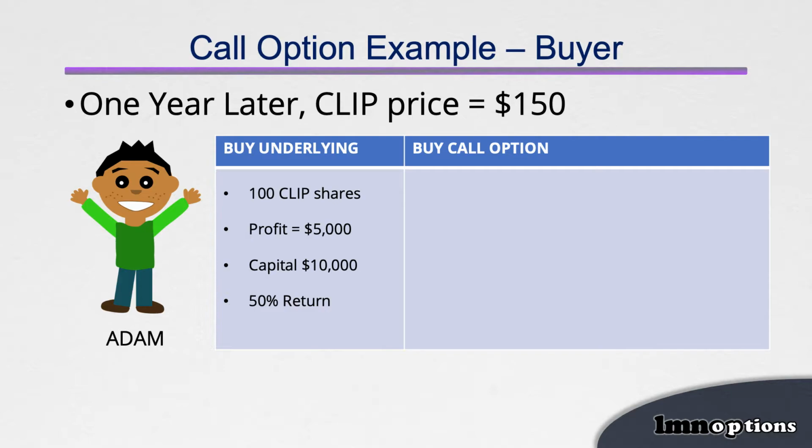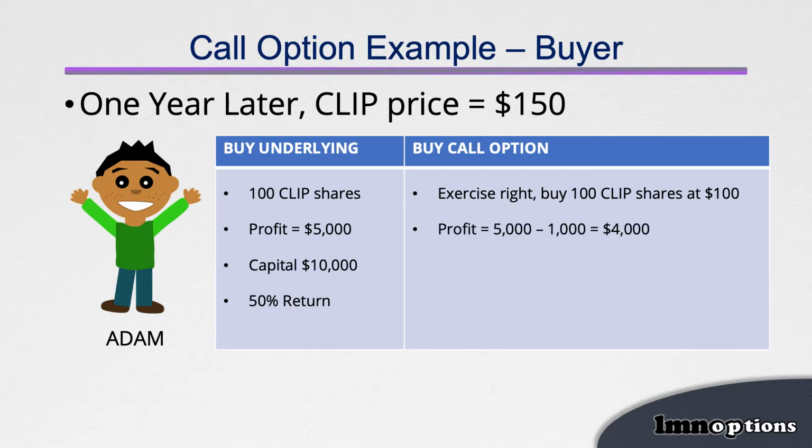Now, if Adam had bought the call option instead, today the price is at $150, and Adam has the right to buy it at a much cheaper price of $100. Therefore, Adam would exercise his right and buy the 100 shares at $100. That would give him a profit of $5,000 because today the shares are worth $150 each.